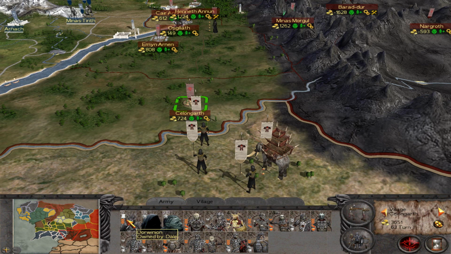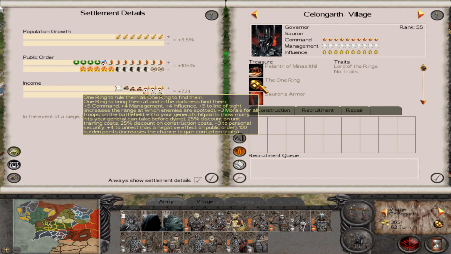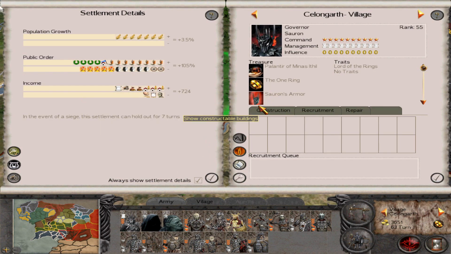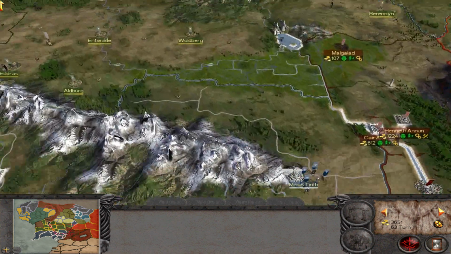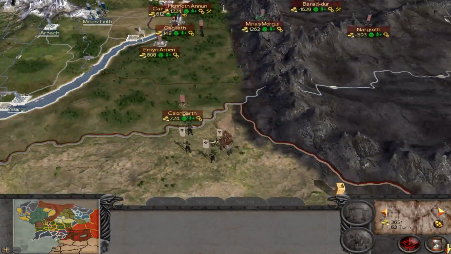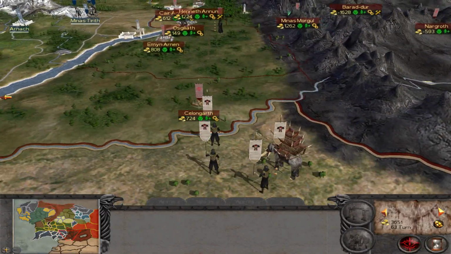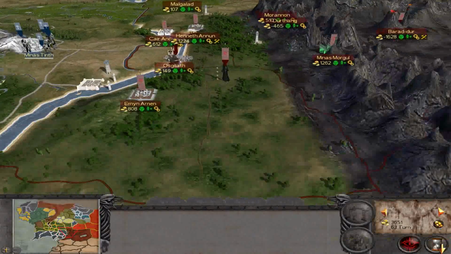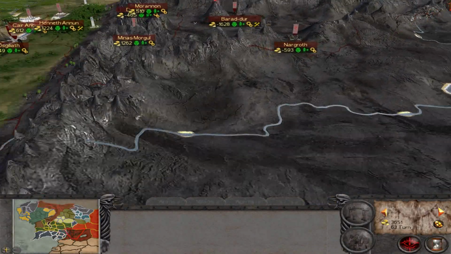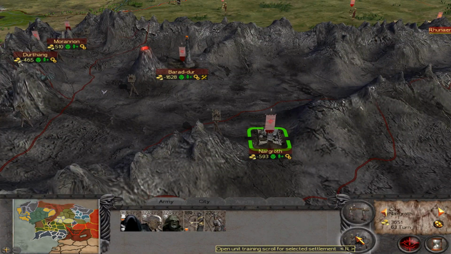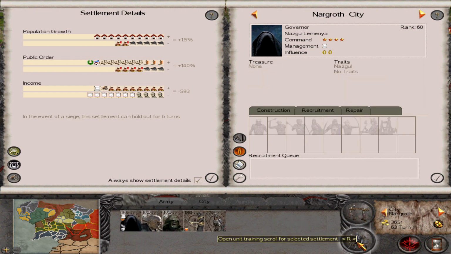And now he's down here and still has the ring, and because we have Sauron with the ring, we can now see the entire world. So the Eye of Sauron can see everything. He is very strong now. And we also have bonuses when it comes to recruitment and such. We can recruit way faster and cheaper thanks to the ring.